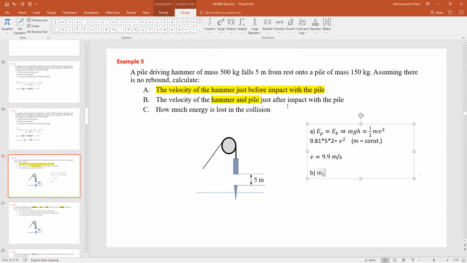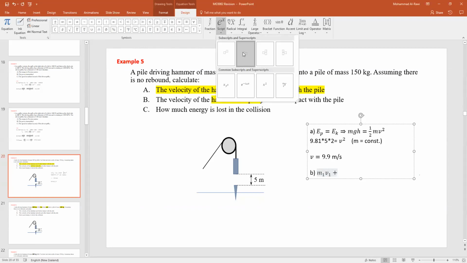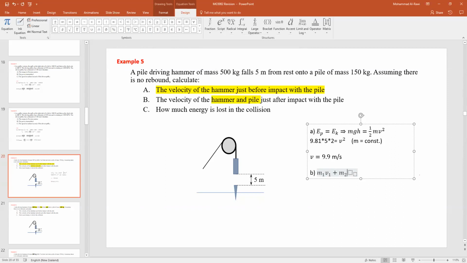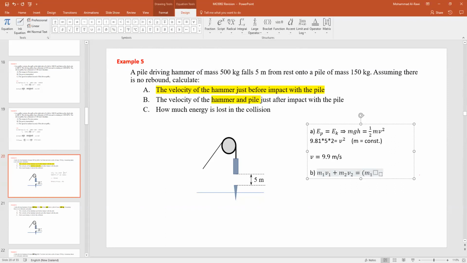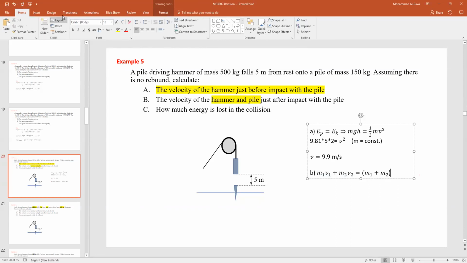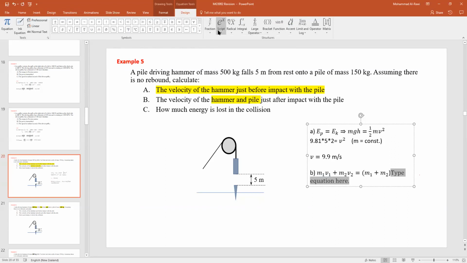M1 V1 plus M2 V2 equals the summation of M1 plus M2, all of that multiplied by the velocity, let's call it V3.